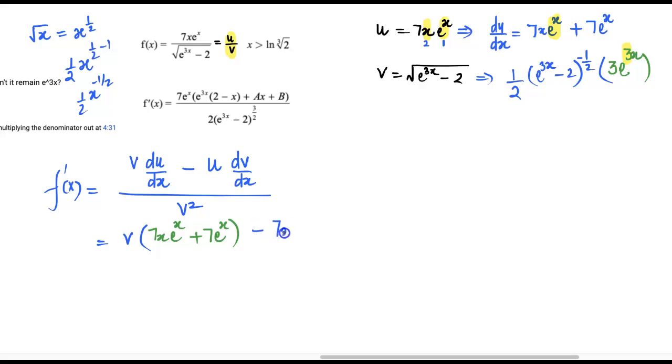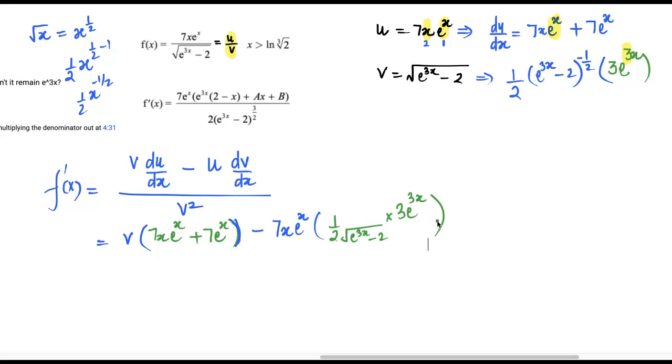U is 7x e to the power x, and we have to write dv over dx. That is half, I'll be moving it down, e to the power 3x minus 2, and out there we'll be having 3 e to the power 3x.